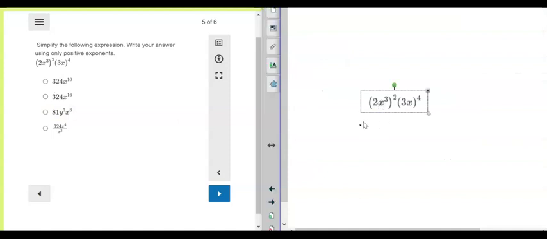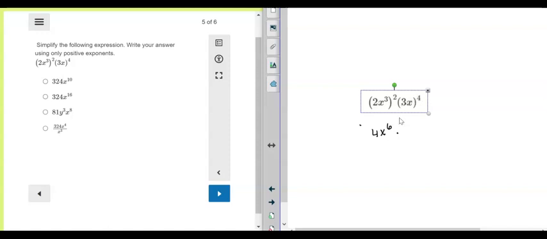Alright, here's another example. 2 squared is 2 times 2, which is 4. And then x to the 3 times 2, which is 6. Again, what did I do? I did 2 squared, which is 4, and for the x I multiplied the exponents.